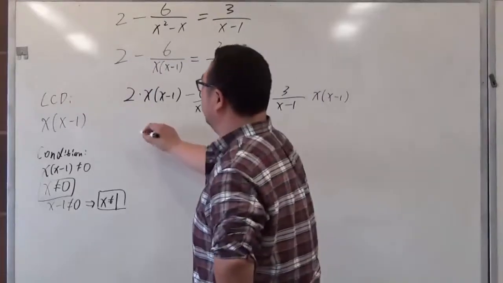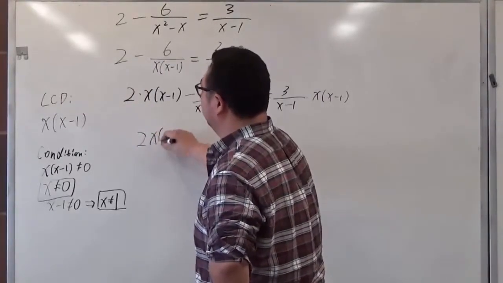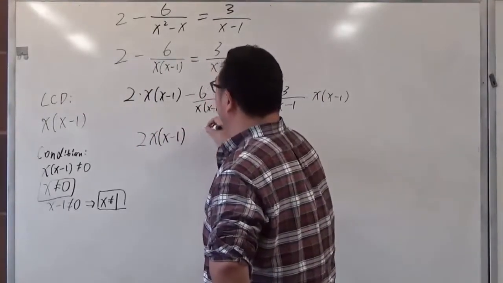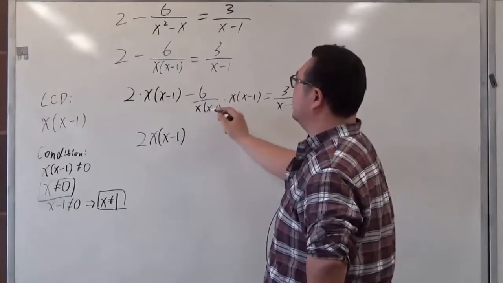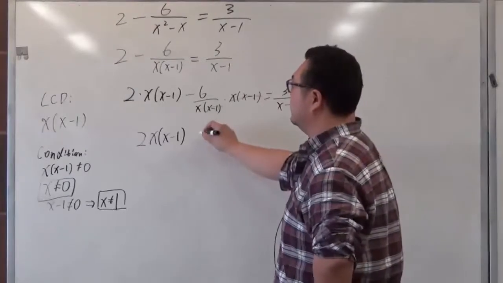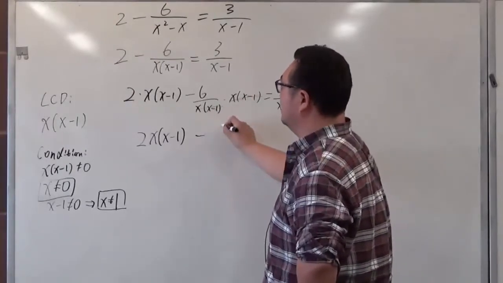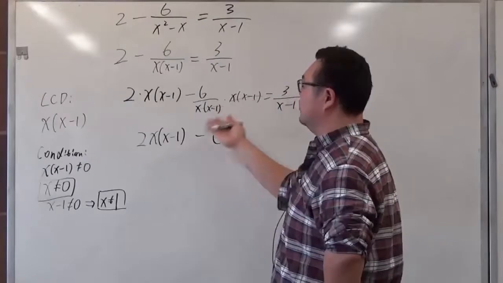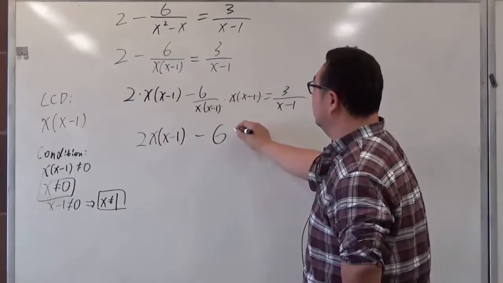What we have here is 2x times x minus 1. For the second term, the denominator exactly matches what we multiply by, so the one on top and the one on the bottom just cancel out.